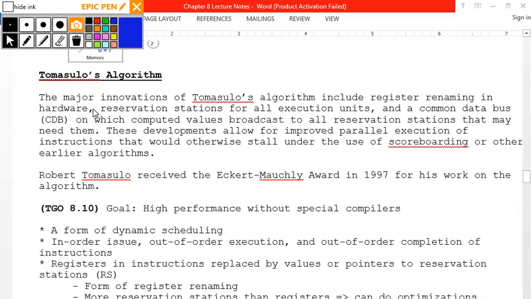So at this point, we're going to start talking about this concept of Tomasulo's algorithm. This actually was developed in 1963 by Robert Tomasulo. Before that, essentially multiprocessing had not been done. I actually mentioned here that he received the very prestigious Eckert-Mauchly Award in 1997.